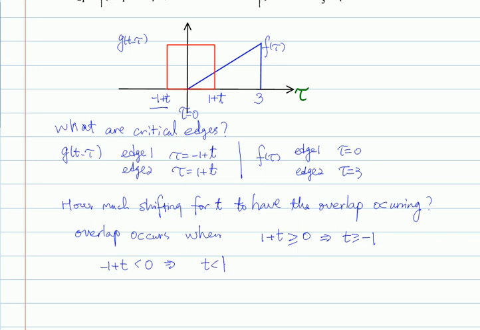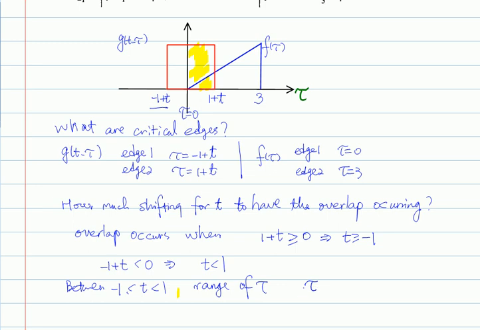Then, for t between -1 and 1, let's take a look at the region of overlap. The region of overlap is this highlighted region. For this region, what's the range for the tau value? The range for the tau value essentially is going to be the integral limit.